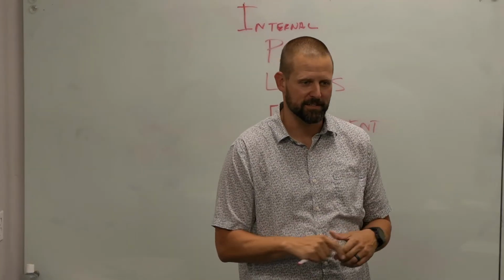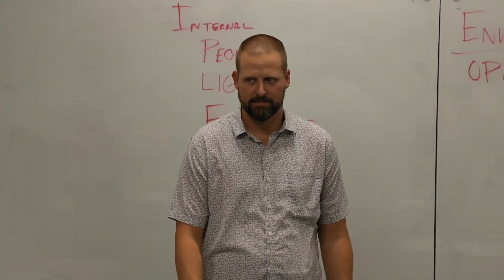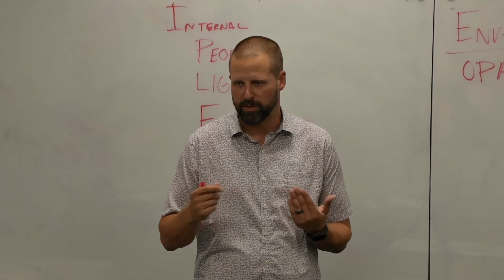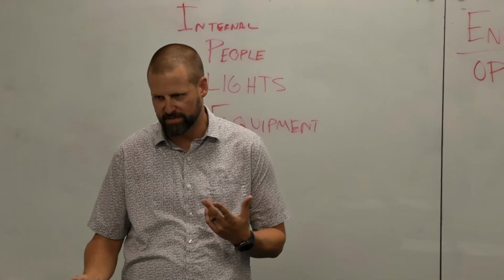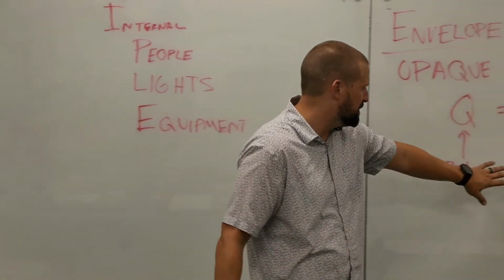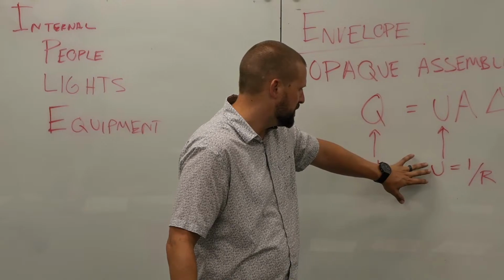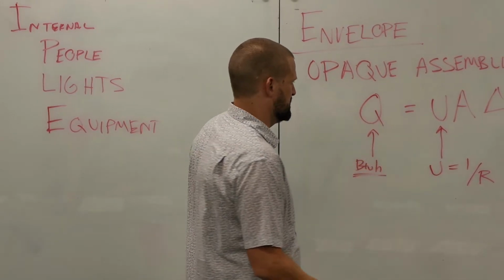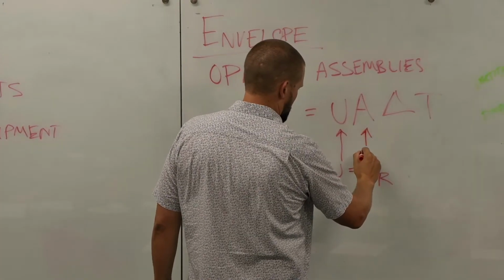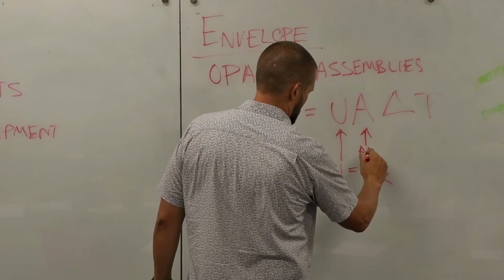And then U factors are the inverse of that. So they're more along the lines of like 0.1 to 0.46, which we'll get a little more specific. But some value of the wall or the window. And then the A is, it's a geometry thing. Area.